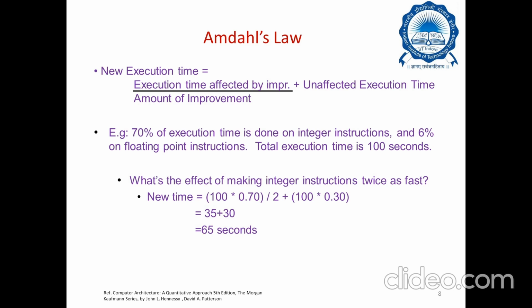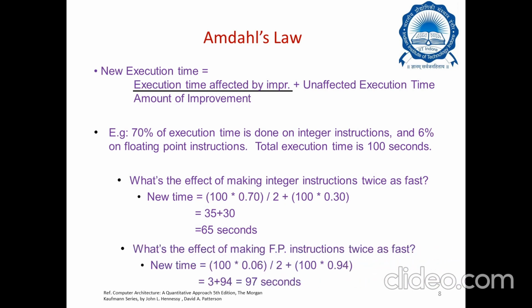Here the unaffected execution time is the remaining 30%. That includes the 6% floating point instructions. So 100 times 0.30, which computes up to 65 seconds. So we could have a new execution time of 65 seconds if we would like to make the integer instructions twice as fast.